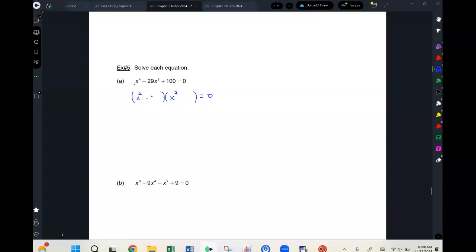And then here, this is going to be minus 25 minus 4. So this is x minus 5, x plus 5, x minus 4, x plus 4. So finally, x is plus or minus 5, x is plus or minus 4. Okay, so this is quadratic form.